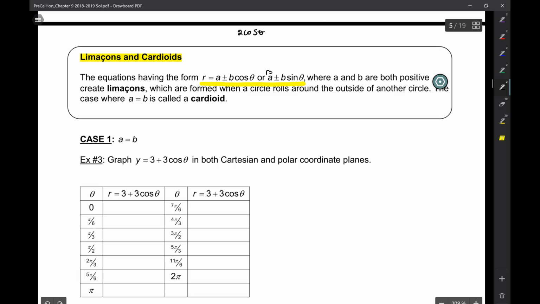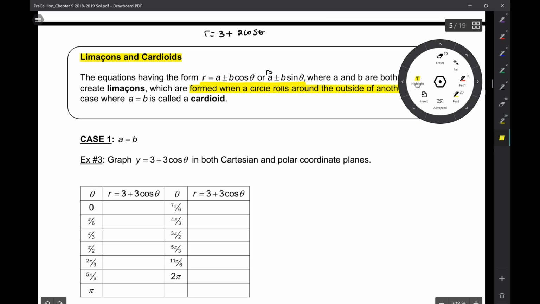But if I do r equals 3 plus that, then I get a limaçon. All right? I will talk about cardioid. So now, a and b are positive. They create limaçons, which is formed when a circle rolls around the outside of another circle. We'll talk about what that means.